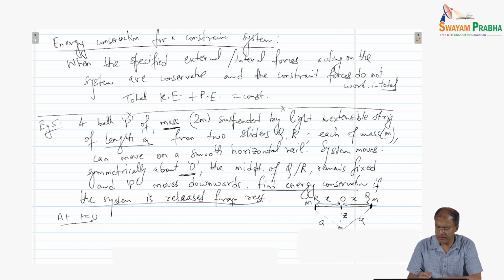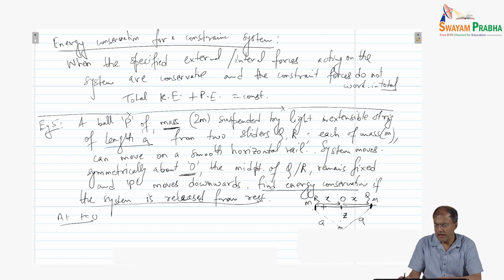So for this setup, the system is under a set of two constraints. The small masses m are only constrained to move horizontally, and the mass 2m is allowed to move only vertically.